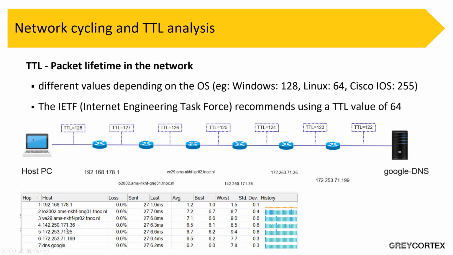Another parameter which you can use is, for example, time to live. It depends on whether you have a Windows machine or a Linux machine or whatever. The time to live is basically a counter, and it will be lowered by 1 when it crosses a router. Really a router, not a switch. And why is this mechanism designed?